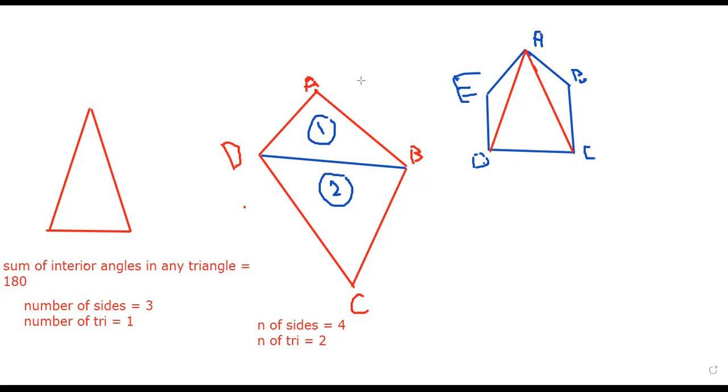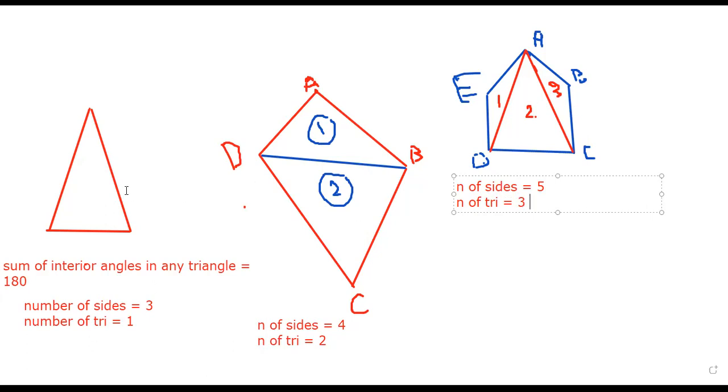Okay, then let me ask a question. How many triangles did we find here? 3 triangles. So 1, 2, and then 3. Now, the number of sides in this pentagon was 5, and the number of triangles equals 3.